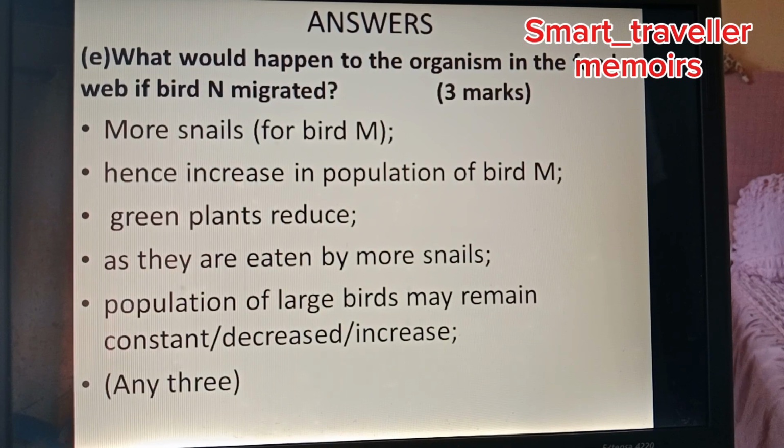What would happen to the organisms in the food web if bird N migrated?